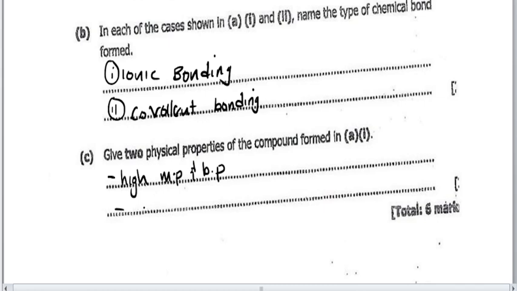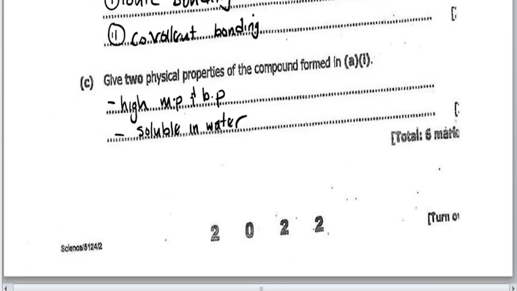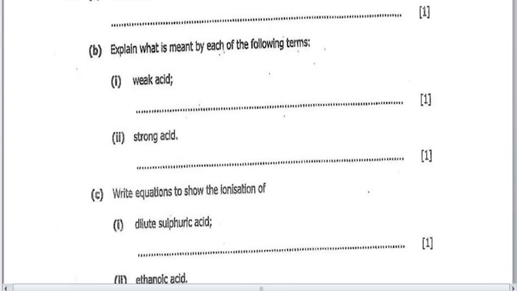Then they are also soluble in water. So ionic compounds are soluble in water. Those are the 2 physical properties of the compound formed in A1.